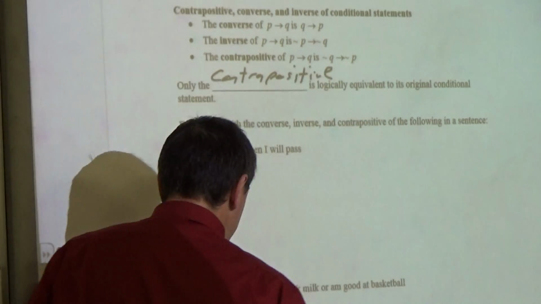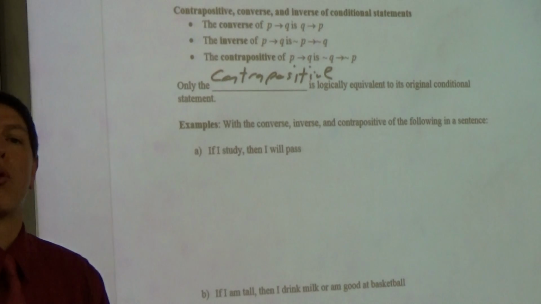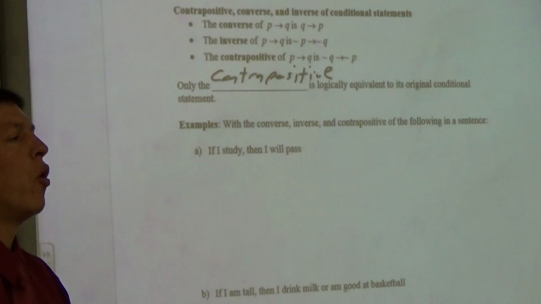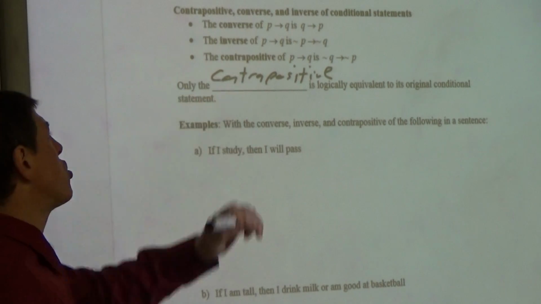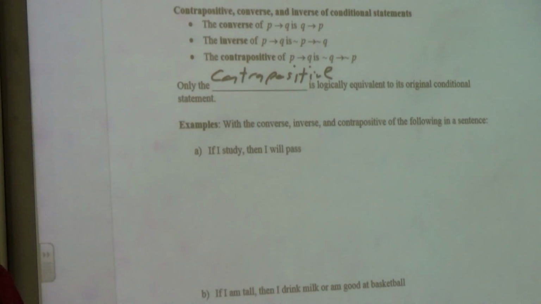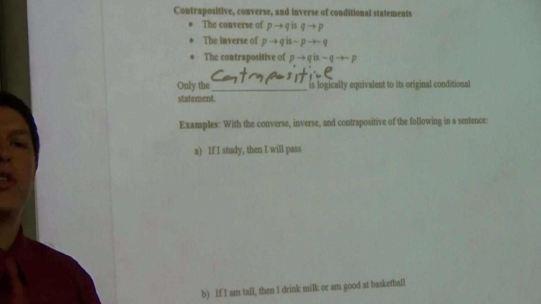In fact, in the second part of the course, when we start to do proofs, we're going to do something called an indirect proof by contraposition. So just put this on the back burner for now. I'll probably ask you again later which is logically equivalent to the original statement.